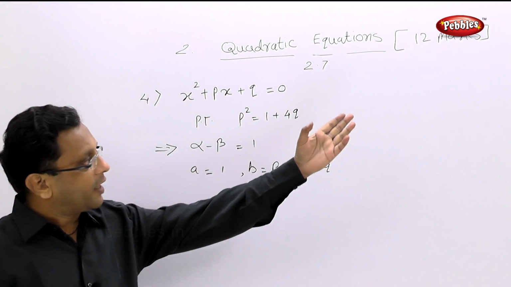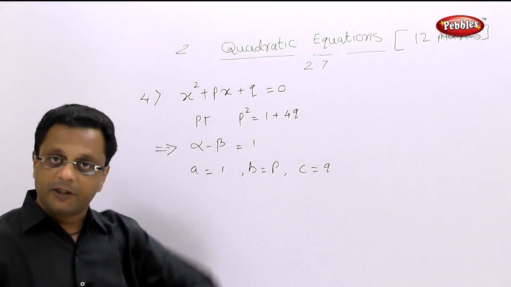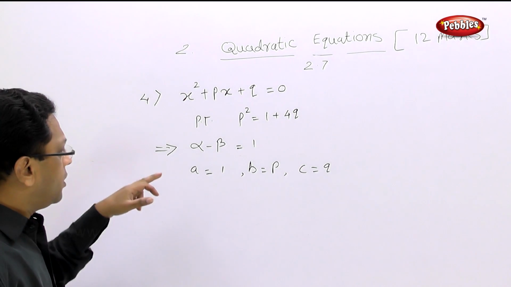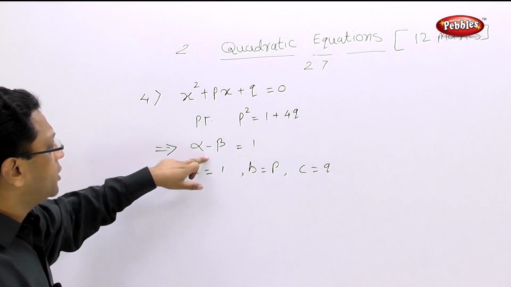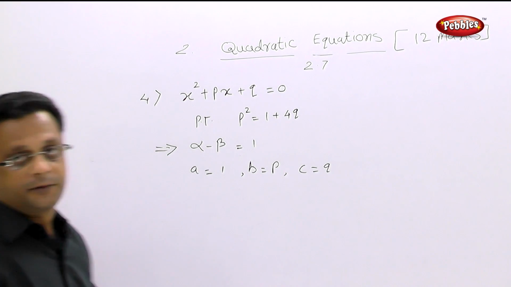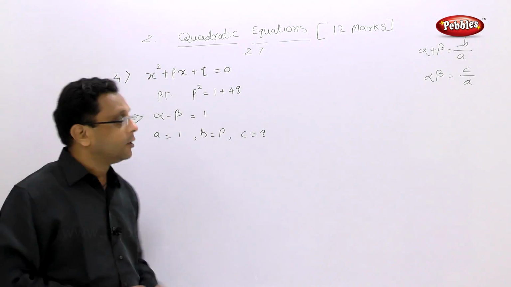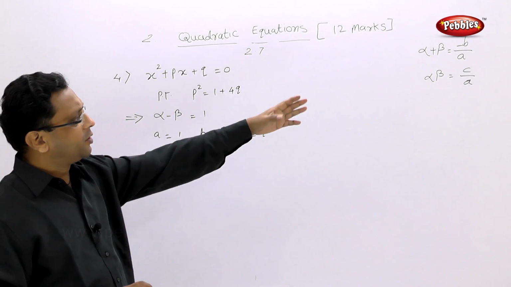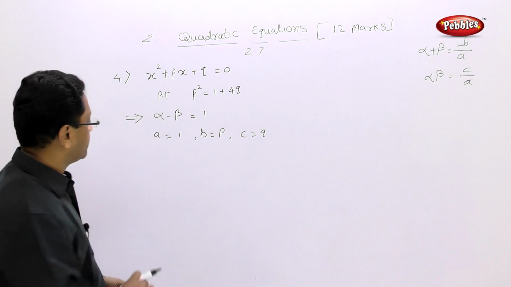So first of all we will find out alpha plus beta and alpha beta. But how will you find this? What is the use of alpha minus beta? Let us first find out alpha plus beta and alpha beta.